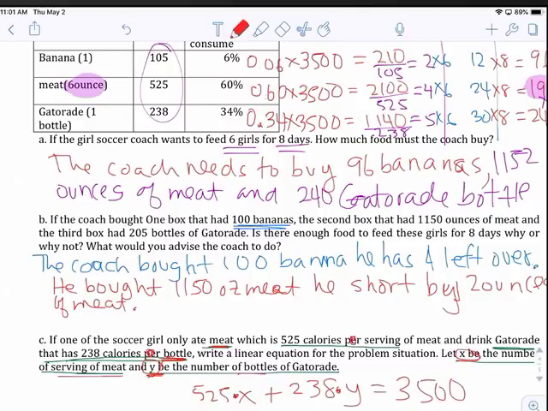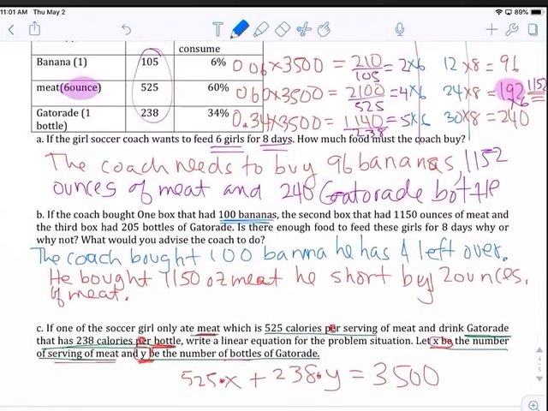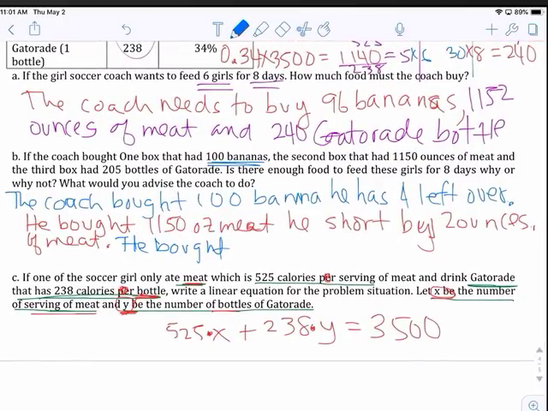Okay, how about the last item, Gatorade? Did he buy enough? No, he needs 35 more. Wow, that's a lot more. He really underestimated.